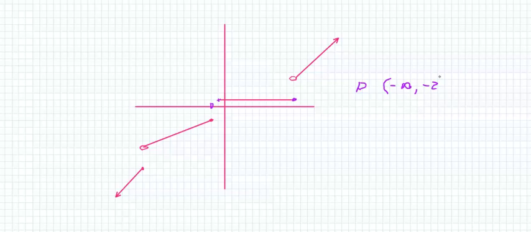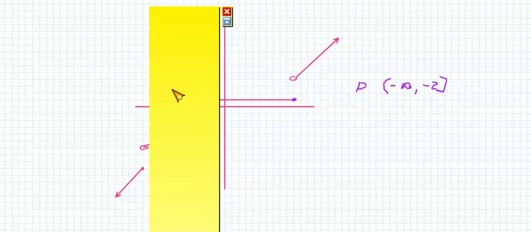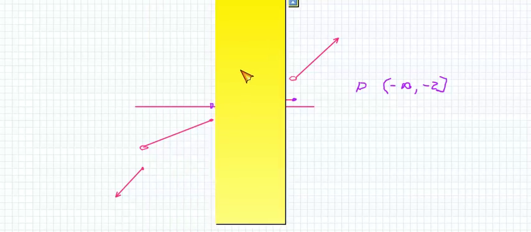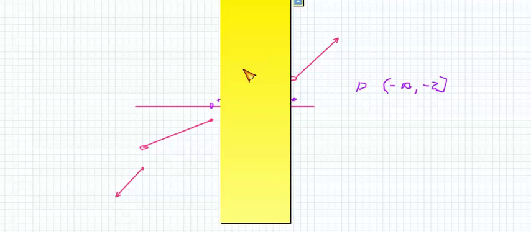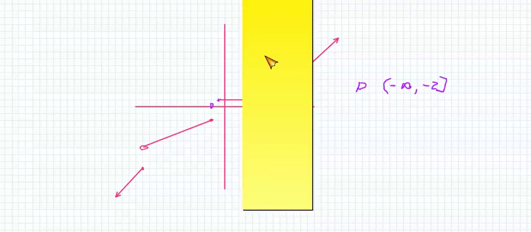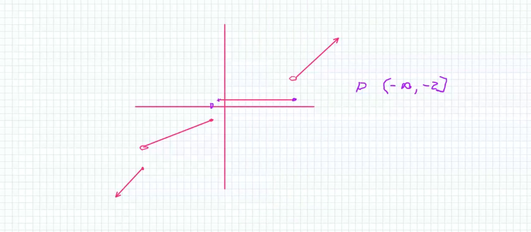Then it starts up again at negative 1. We slide over, and it starts up again right here and continues forever. So my domain goes also from negative 1 to positive infinity.